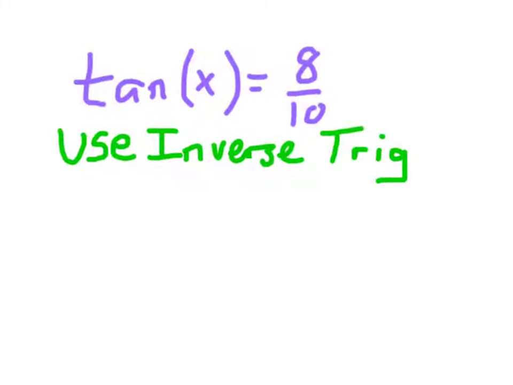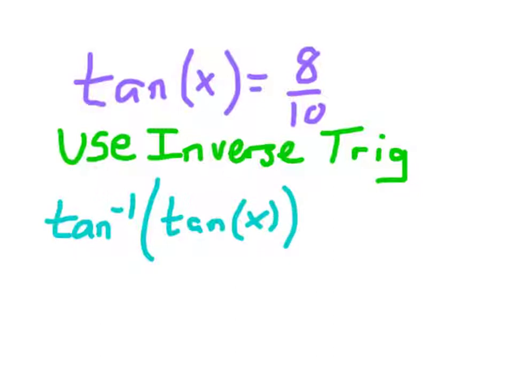That would be all of those: sine -1, cosine -1, or tangent -1, because we need to figure out how to solve for this guy right here, which means this has to go away, and the only way to make this go away is to use the inverse tangent. So what we end up doing is we take the tangent inverse times the original question, tangent of x equals 8/10.